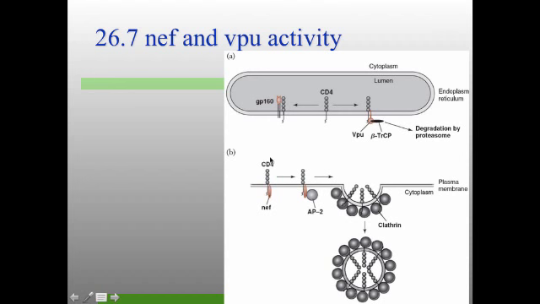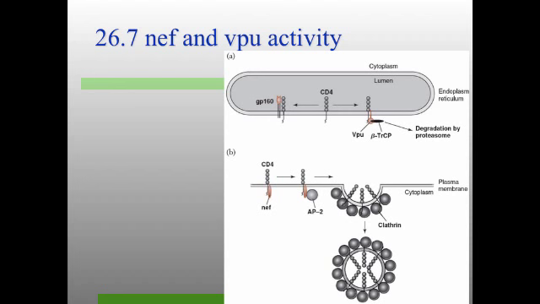Or if you have CD4 on the exterior, NEF will basically cause it to be sequestered and taken away from the surface of the cell. Now, why a NEF deletion should be so useful in terms of vaccine production, having CD4 around, you would think there'd be lots of infection, so I'm not quite sure why this actually works in terms of a vaccine, but it does seem to work reasonably well.